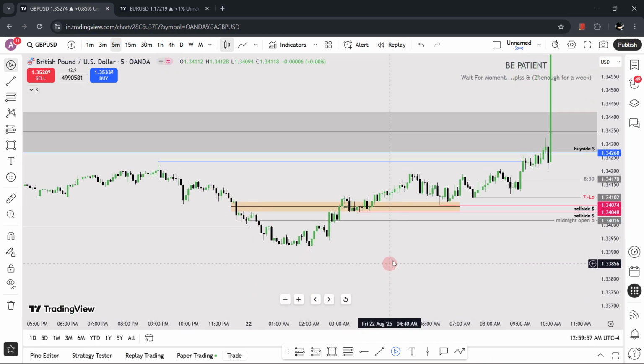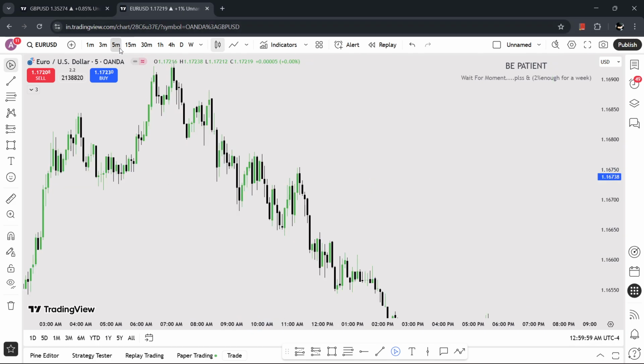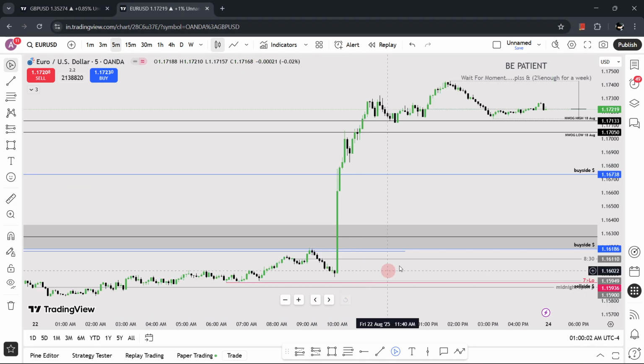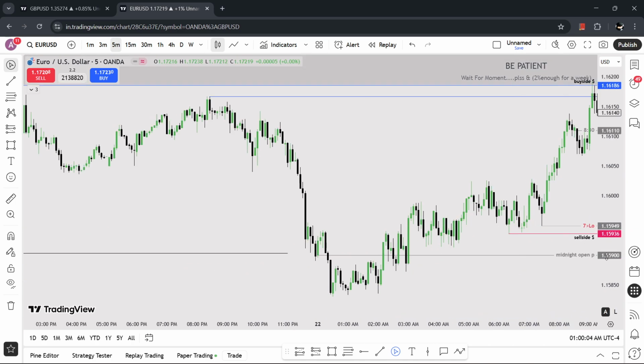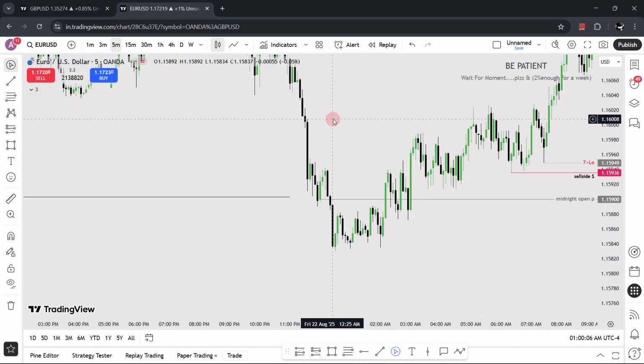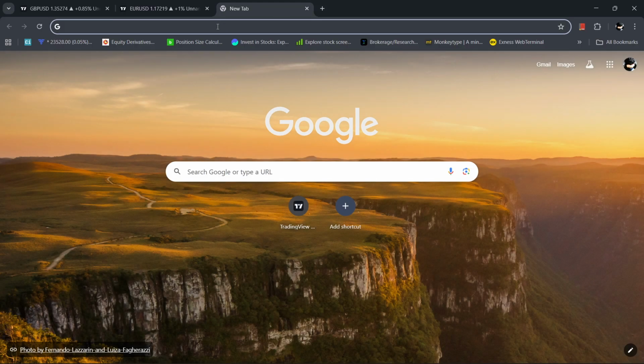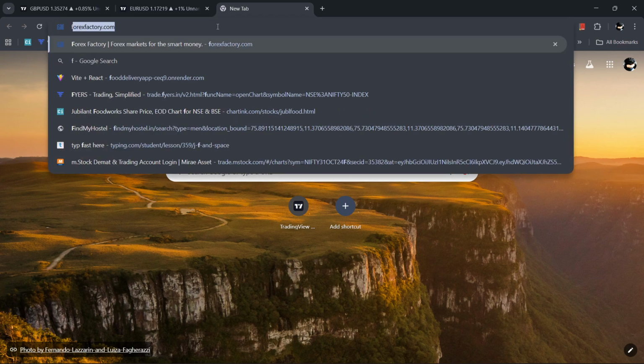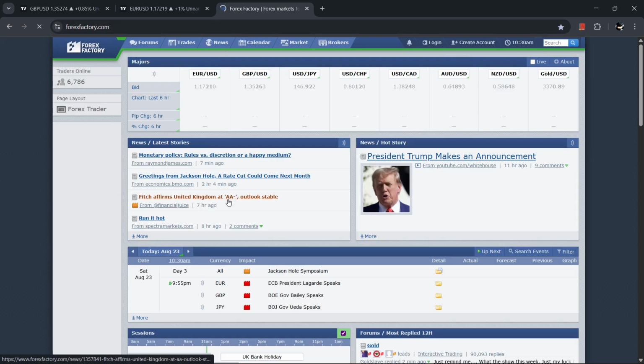There is actually a good trade in the London section and there's a good trade in the New York section, if Jerome didn't say anything.